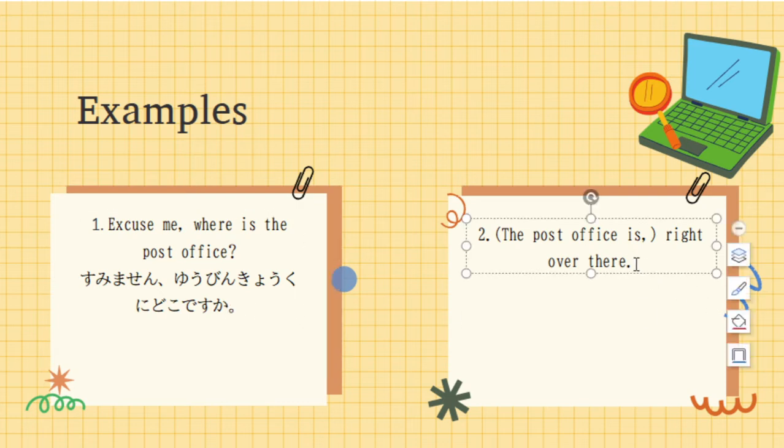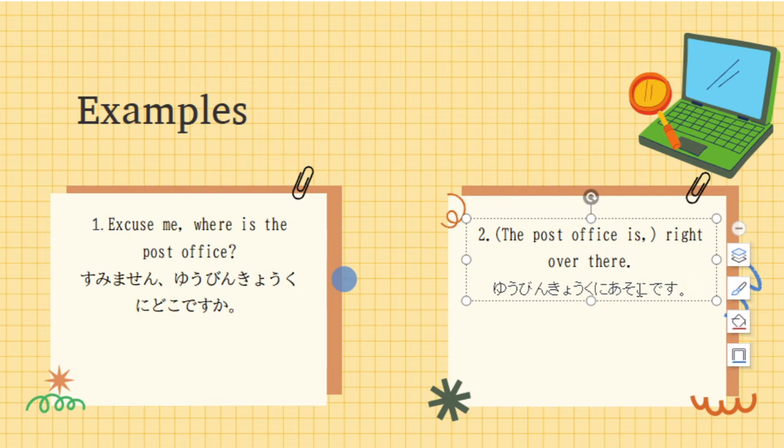For our next example, we have: the post office is right over there. Meaning this is far from both of you, so we will use the asoko. Yubinkyoku wa asoko desu. So that is our second example. If it is near you, you will just replace the asoko with koko.